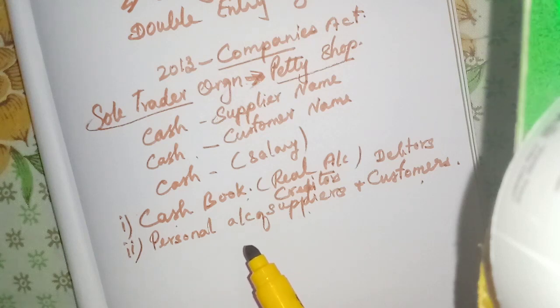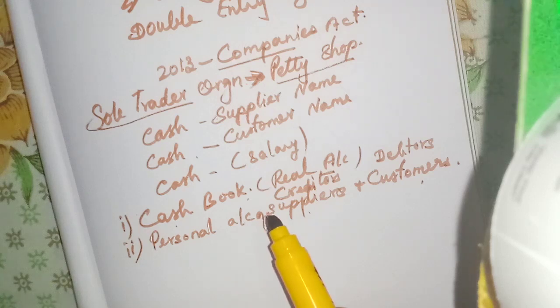So you have to imagine a very small sole trader organization, or a very big sole trader organization, that maintains incomplete records.